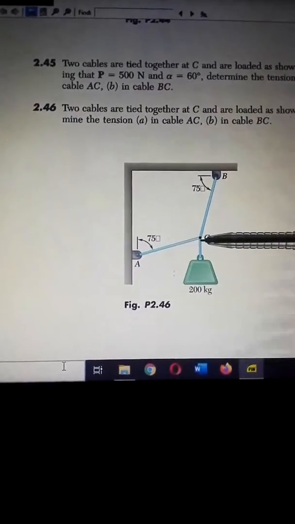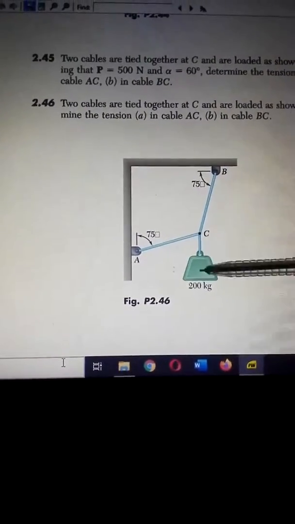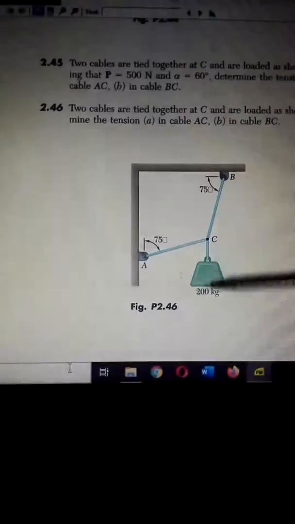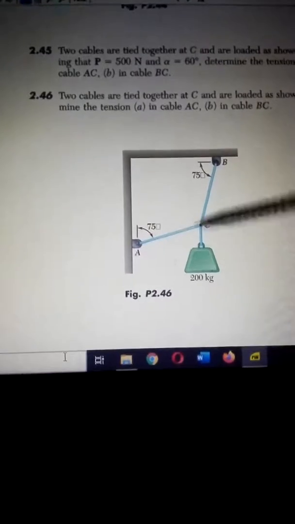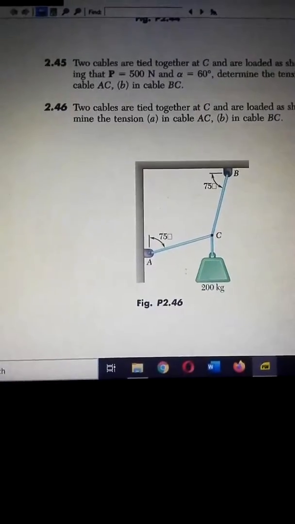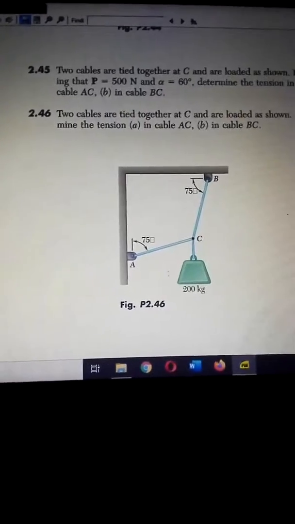In the same vein, the tension due to this weight hanging on this portion of the cable is going to be directed vertically downwards, as is expected for weight. Whenever you come across weight, the direction is going to be vertically downwards. So that's what we put there also.